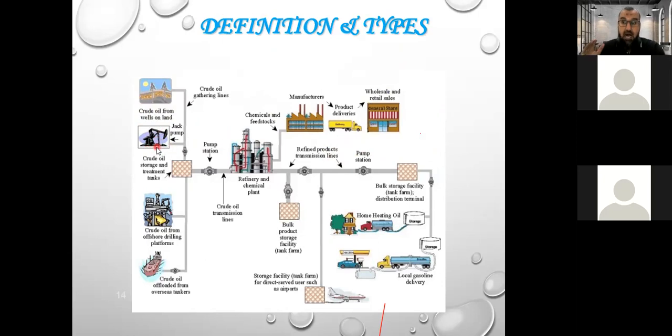Upstream, as I said, is the start of the flow, the start of the stream. So whatever is in the well, in the exploration area, in the drilling platform, the crude oil tankers and these offshore units, those are all in the upstream area, correct?